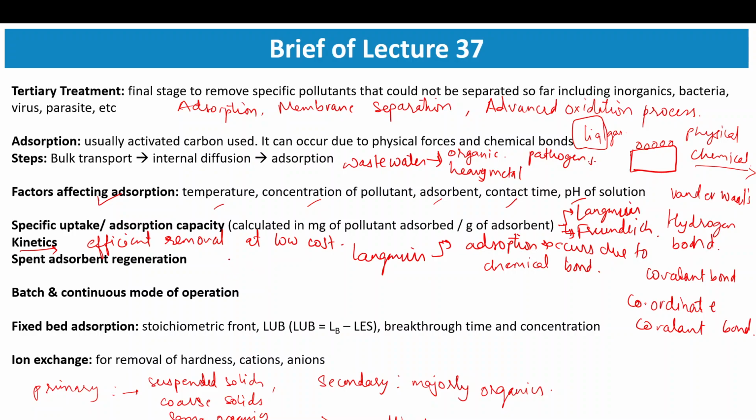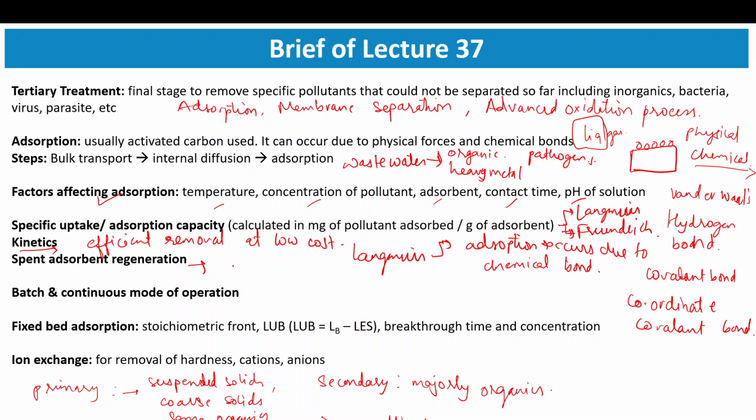And last but not the least, spent adsorbent regeneration, where you can say that once the pollutant comes onto the surface of adsorbent, the toxicity from water has transferred onto the surface of adsorbent.